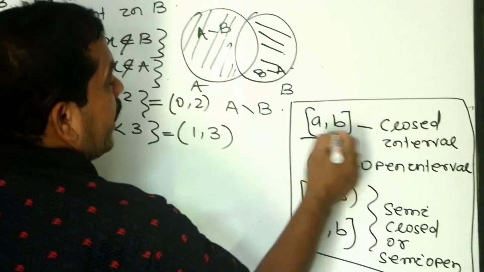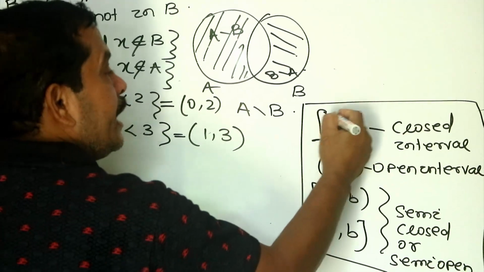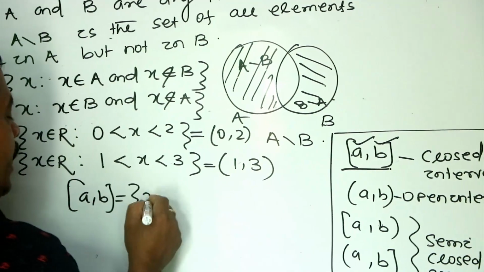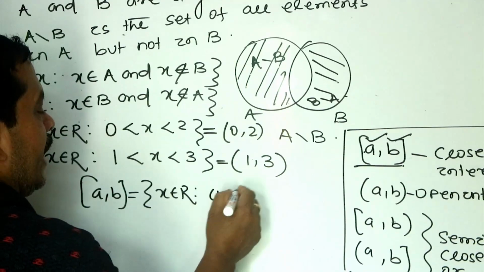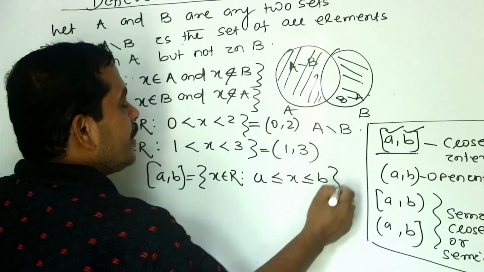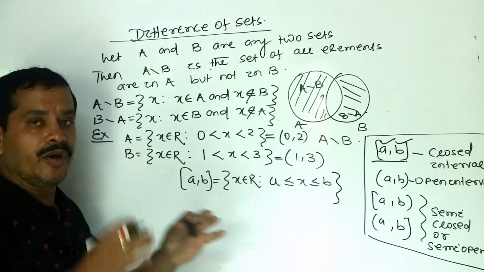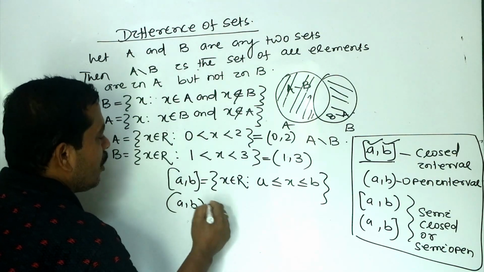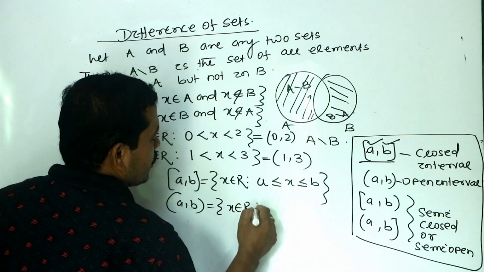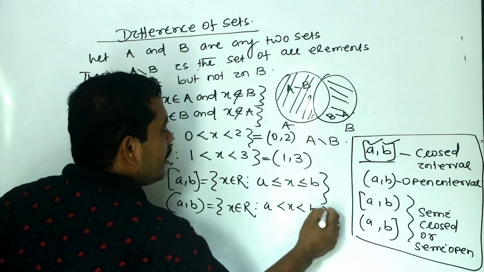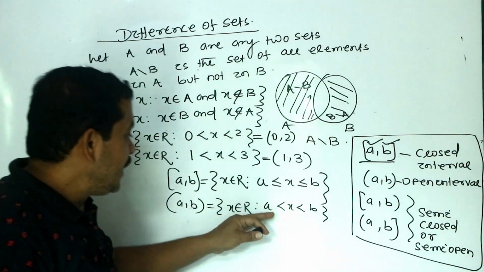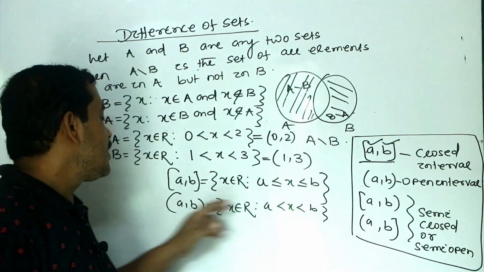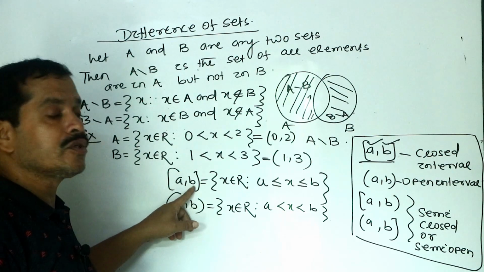The closed interval [A, B] means x belongs to R such that A less than or equal to x less than or equal to B. That means all the real numbers between A and B including A and B. This is known as open interval (A, B): x belongs to R such that A less than x less than B, meaning all the real numbers between A and B excluding A and B. We do not include A and B here.